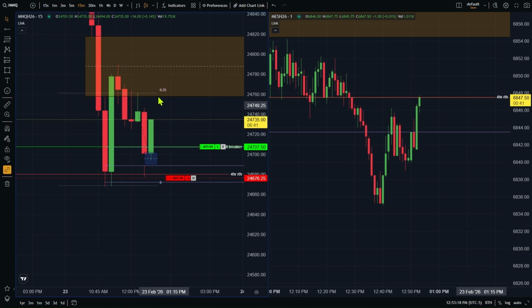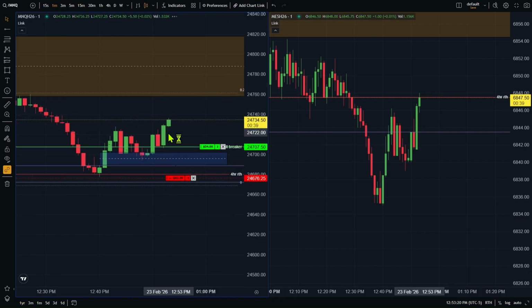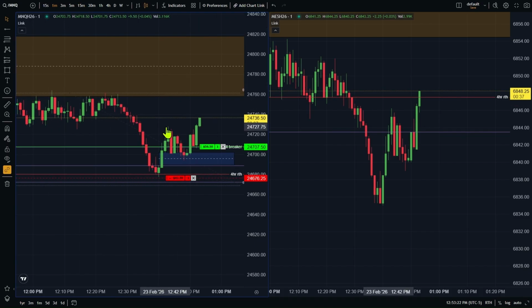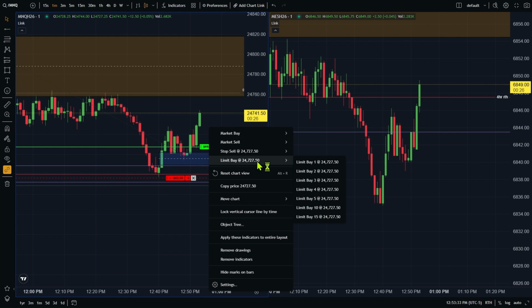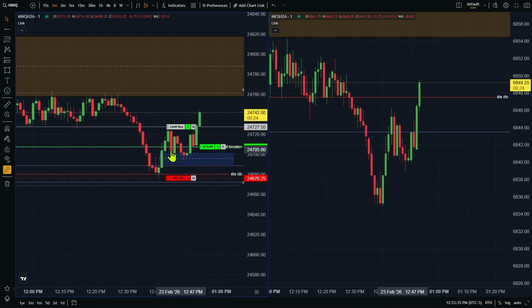See if I can find a good entry, like retesting, that would be a good entry. If I could add one right there, I think I would do it. That's going to increase my limit. There we go. Limit by one.